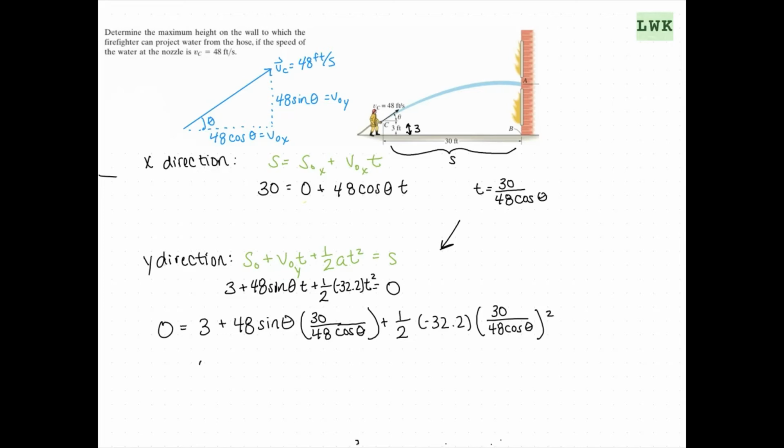So we're going to solve for theta here. We can take it a step broken down. That'll give us something that looks like this. And then we're just going to keep solving.